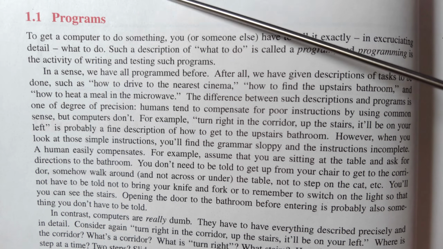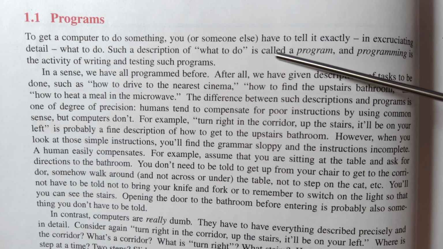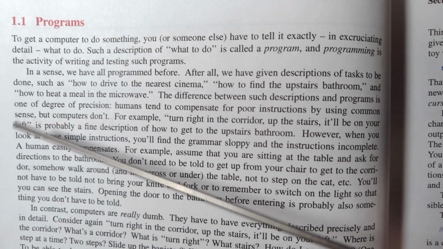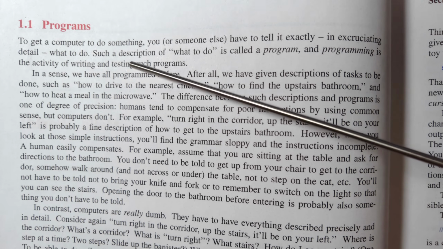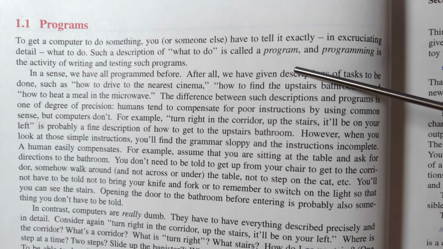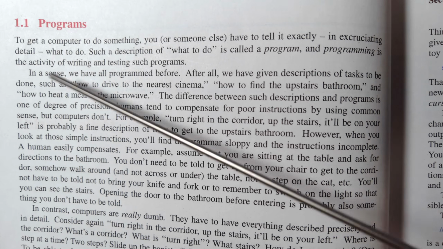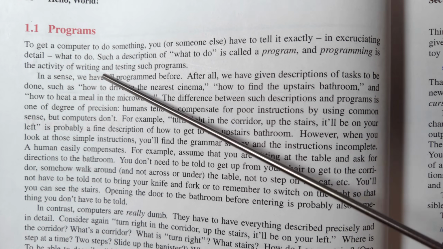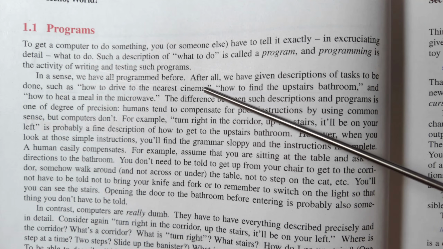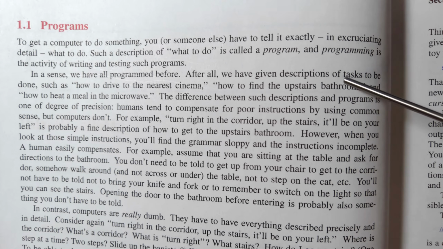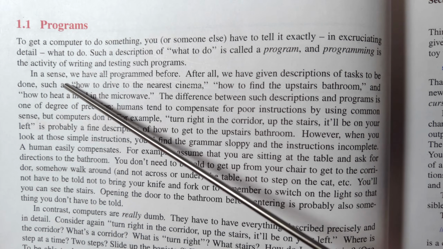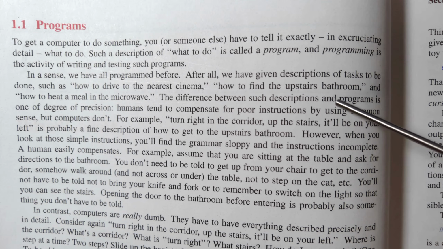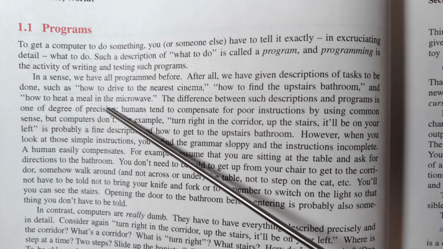To get a computer to do something, you, or someone else, have to tell it exactly, in excruciating detail, what to do. Such a description of what to do is called a program, and programming is the activity of writing and testing such programs. In a sense, we have all programmed before. After all, we have given descriptions of tasks to be done, such as how to drive to the nearest cinema, how to find the upstairs bathroom, and how to heat a meal in the microwave.